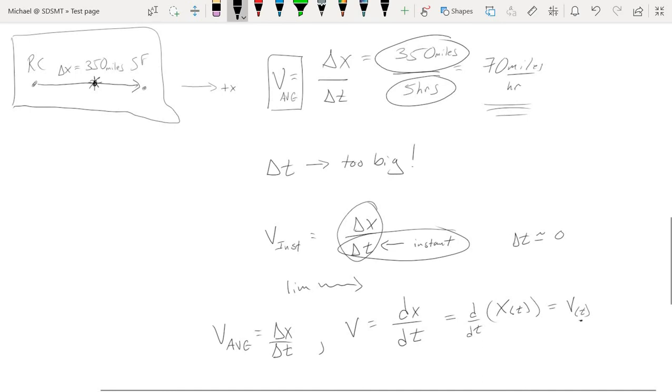So that's how we get our instantaneous velocity. But the two of these are two very different expressions. Again, one happens at an instantaneous moment, the other happens over a time interval.